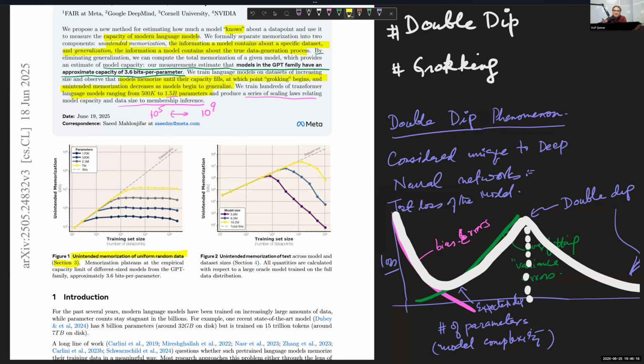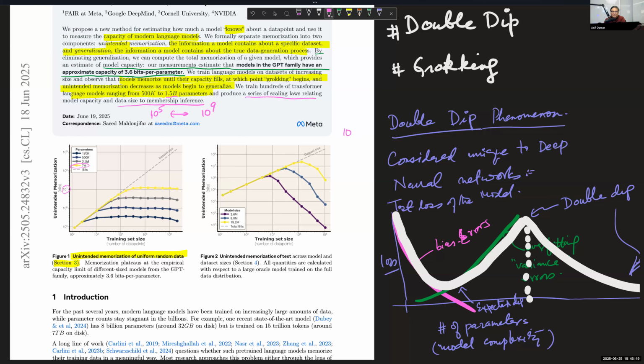So what happens is, let's look at any one of these models. Let's look at the yellow line. The yellow line represents one particular model, which is about 7 million parameters. You realize that memorization saturates at about 10 to the 7 bits, right? 10 to the 7 bits is about 10 million bits, right? So it seems to be able to memorize no more than 10 to the 7 bits.